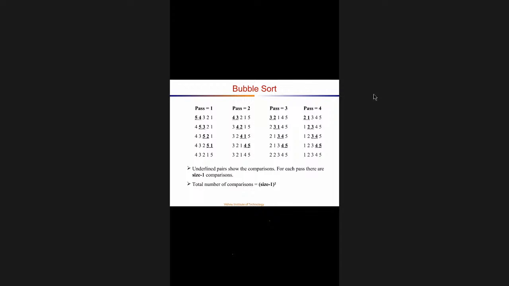Again, you take another two elements, 3 and 1, in decreasing order, so you apply the swap. The remaining comparisons, 3, 4 and 4, 5, are in increasing order. So you complete the third phase.